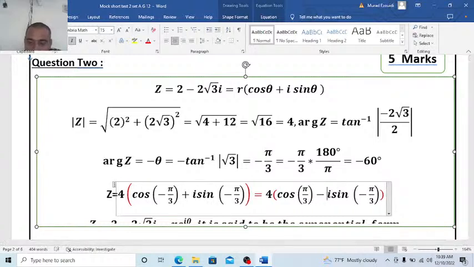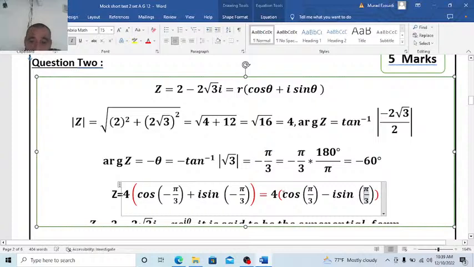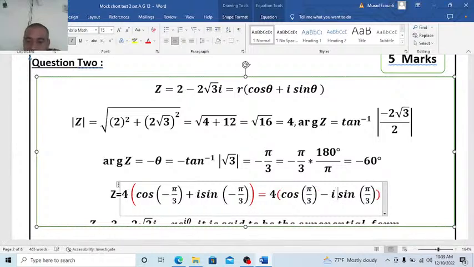This is minus, then I take the negative sign out. Expanded, it is 4 cosine pi over 3 minus 4i sine of pi over 3. This is the polar form that the question is looking for.